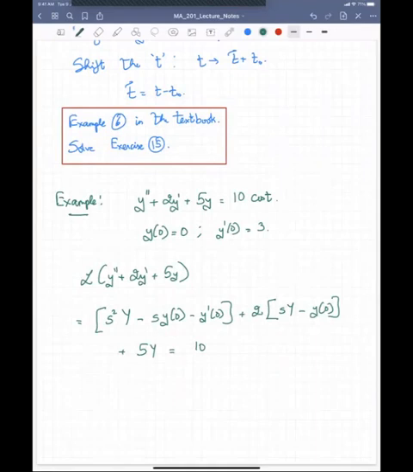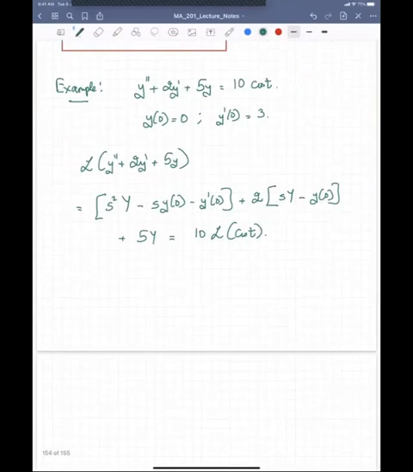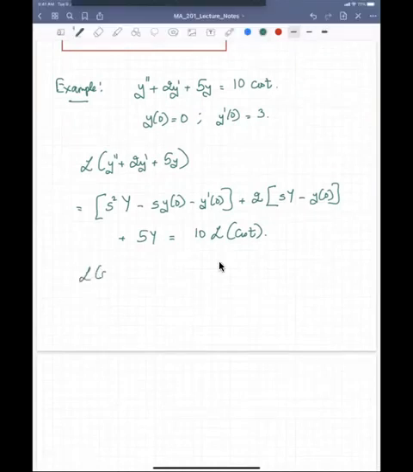What is the Laplace transform of cosine t? Remember again that I told you that these are elementary things. So it is s upon s square plus omega square. Very good. So L of cosine omega t is s over s square plus omega square. So this tells me that L of cosine t, where omega is just 1, is just s over s square plus 1.